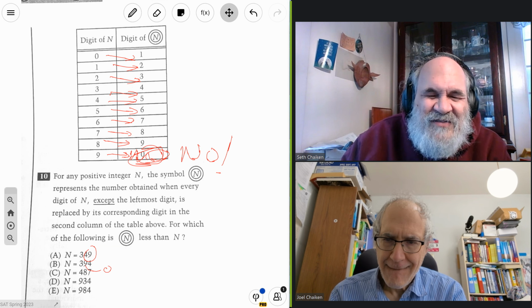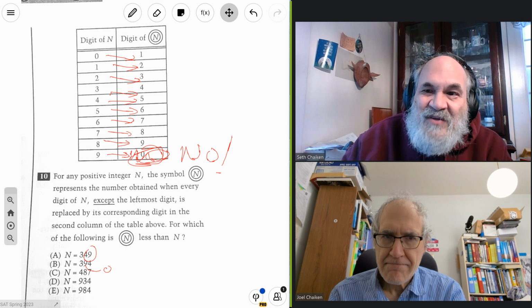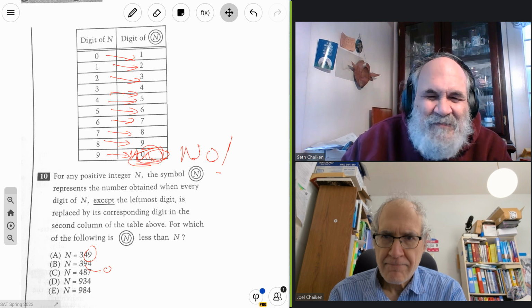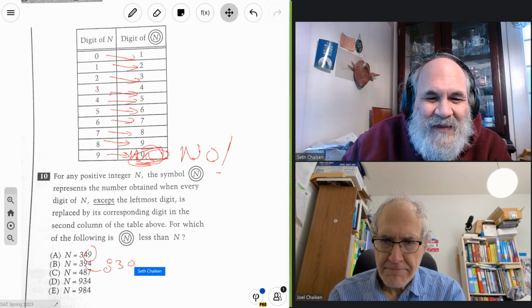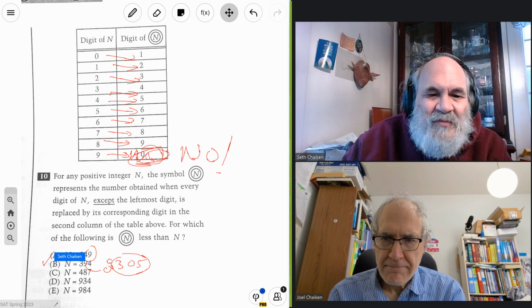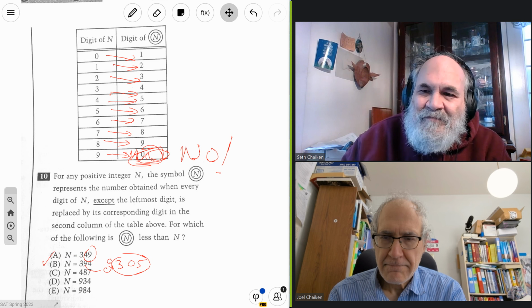But since the 9 in the second position is the most significant among the digits except for the first digit, making this 9 into a 0 makes this number smaller than the original number. And so simply by looking at one number at a time, we found one case. So we got the answer.